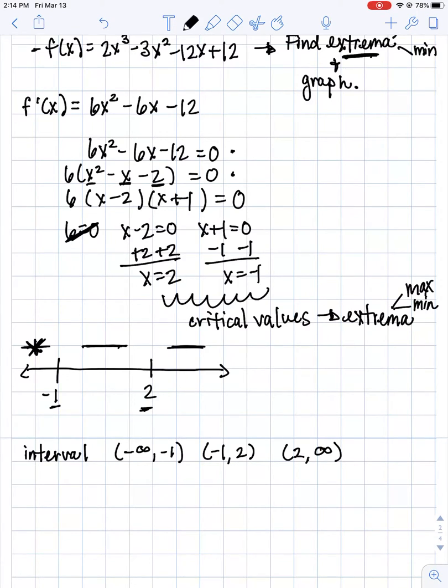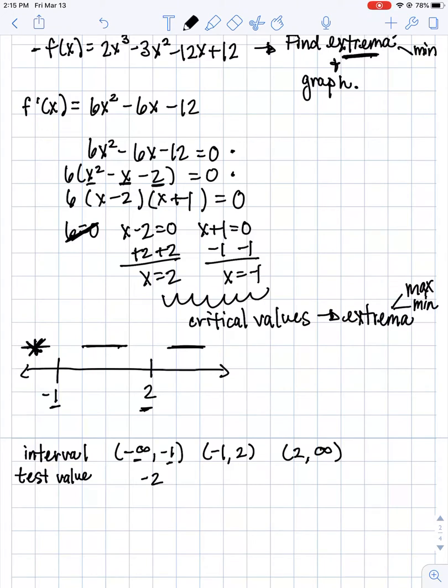Now in my table, I like to pick a test value because I need to figure out if the derivative is positive or negative. What is a number in between negative infinity and negative 1? An easy number is negative 2. I usually get the question in class, do I have to pick negative 2? No, you can pick negative 3, negative 4, negative 5, negative 6.